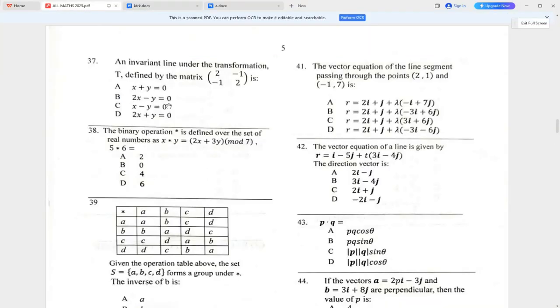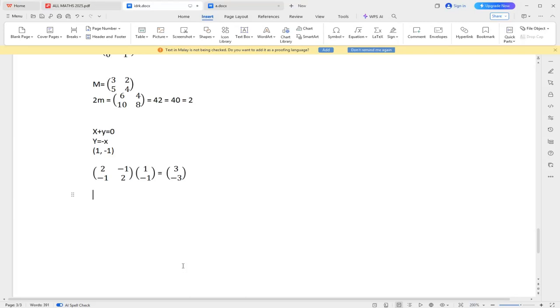Now the second line, we have 2x minus y, which is equal to 0. Putting that in the form y is equal to mx plus c, we have -y is equal to -2x, or y is equal to 2x. Now when x is equal to 1, y is equal to 2. So we have the point on the line being (1, 2).